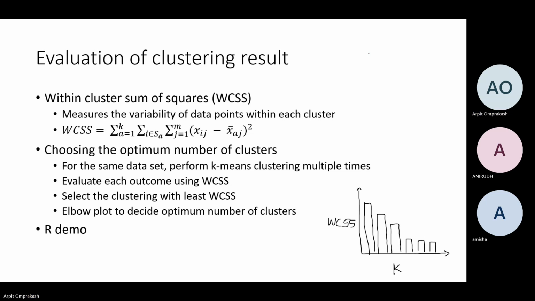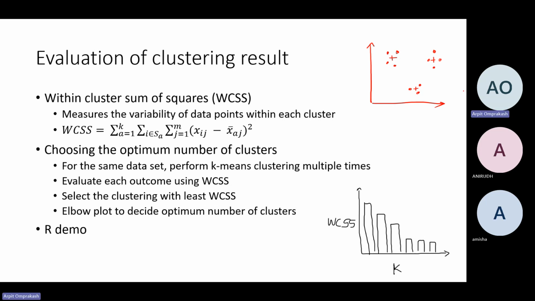Okay. So basically, let's say we have some data like this. Then we have these three clusters and we have their centers here. So let's say this center is here, this center is here, and this center is here.